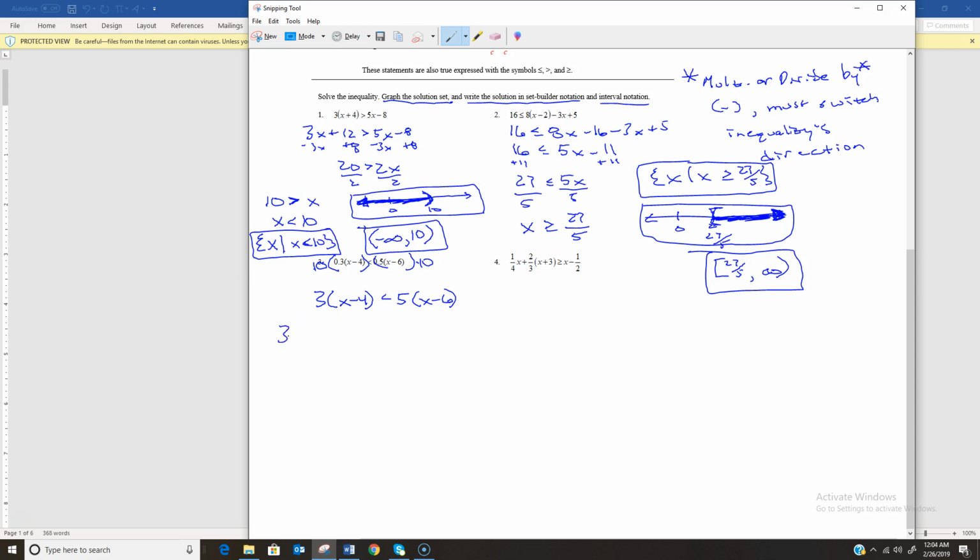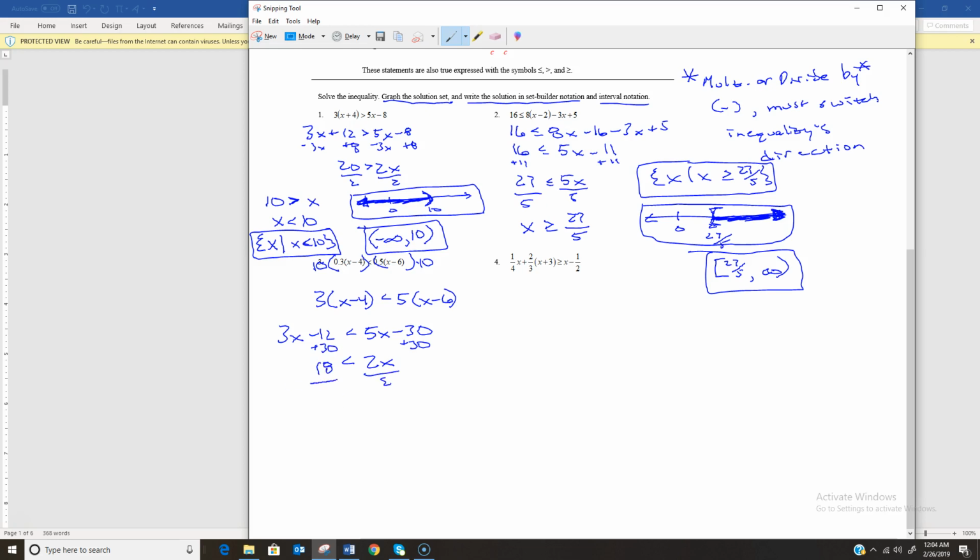Next, I'm going to distribute. So I have 3x minus 12 is less than 5x minus 30. I'm going to add 30 and subtract 3x. So that'll give me a 2x on this side if I subtract 3x. Then I'm going to add 30, which will give me an 18.